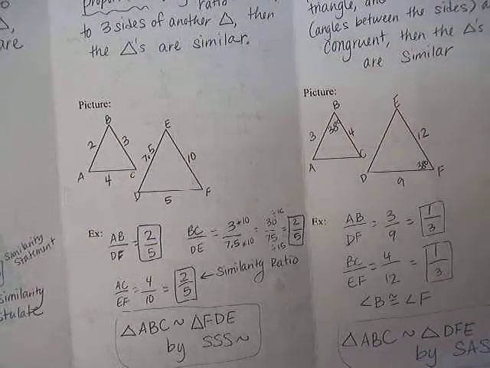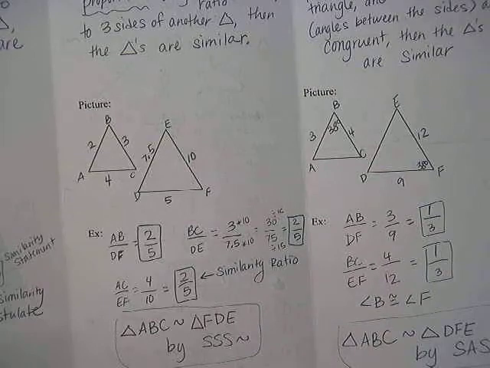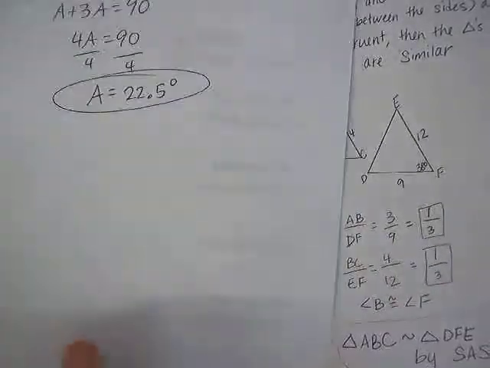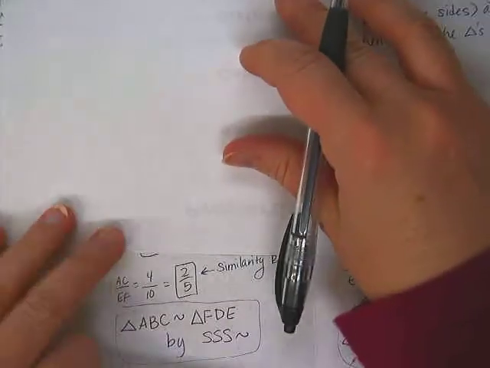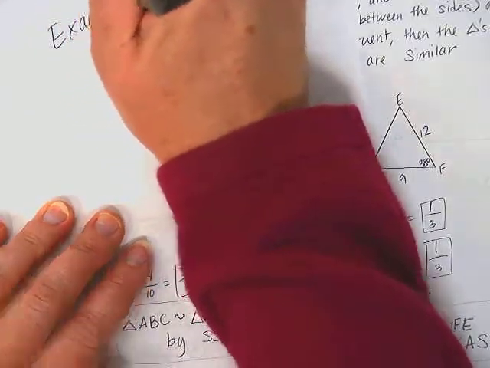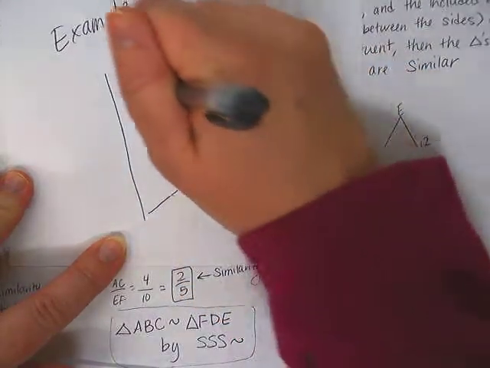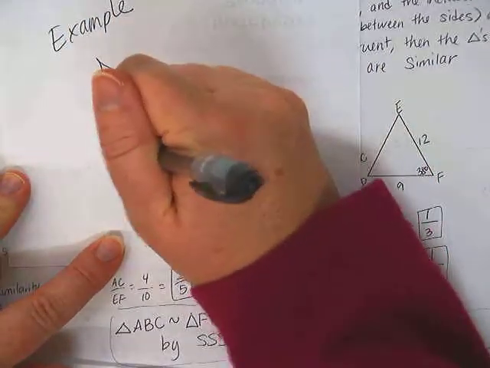Okay, today you are going to be proving triangles similar. You are also going to be solving some problems using ratios, kind of like a few that you did last time, okay? So what I want to do quickly is go over another example of something you might see on your assignment today.